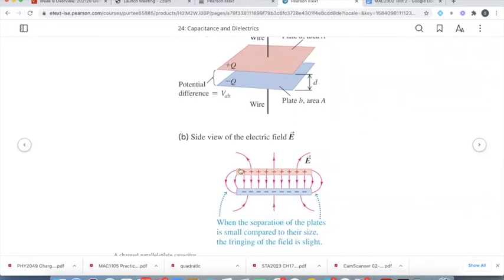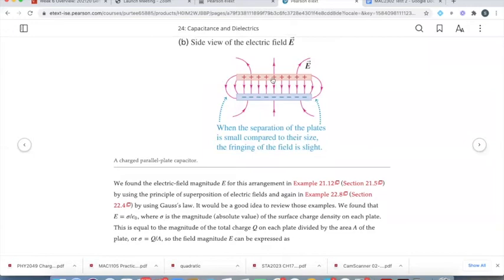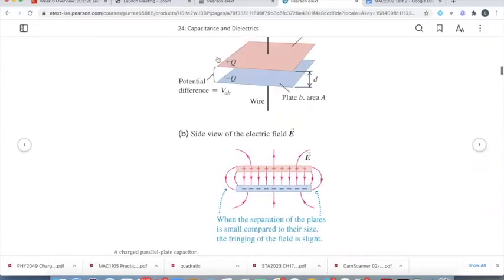On the outside, we might have electric field that kind of bows out. This is called edge effects. But here in the middle, we have a nearly constant electric field, and that has value sigma over epsilon naught, where sigma is the charge on the positive plate divided by the area of the positive plate.